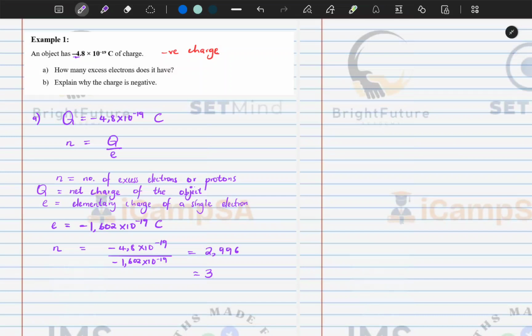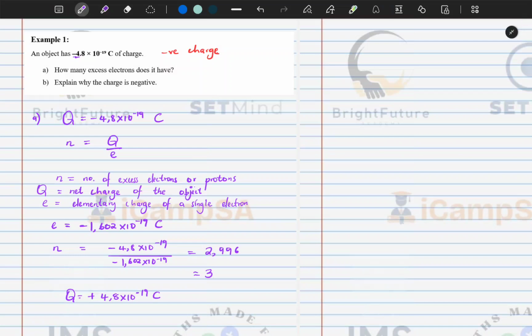What does that mean? If this was positive, and let's say Q instead was plus 4.8 times 10 to the power minus 19 coulombs, the question would instead ask you, how many excess protons does this object have?